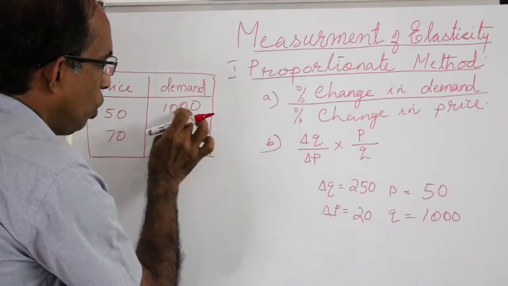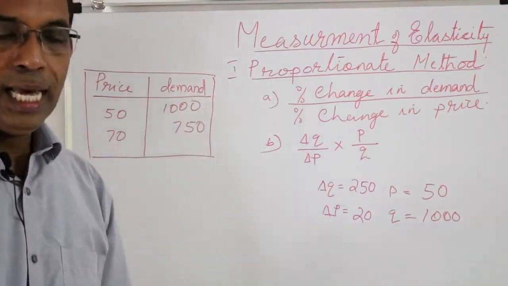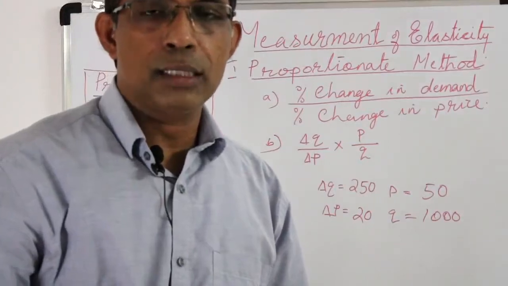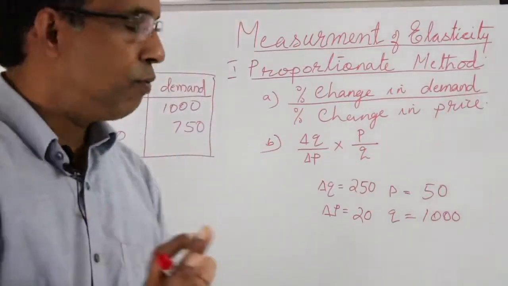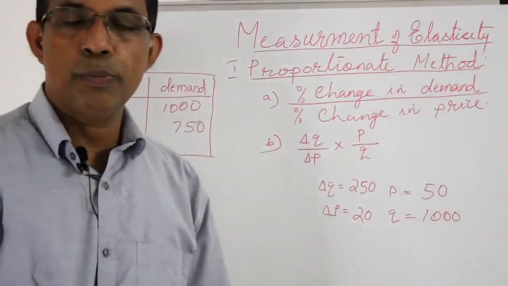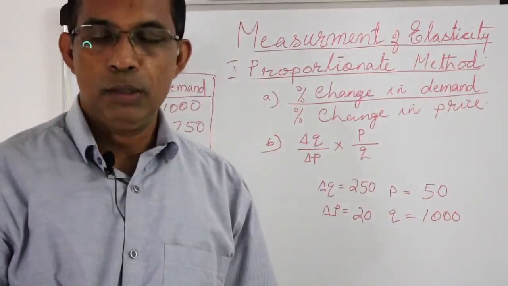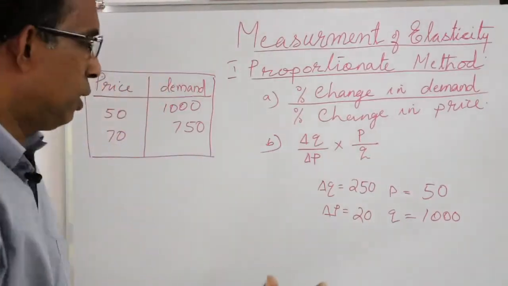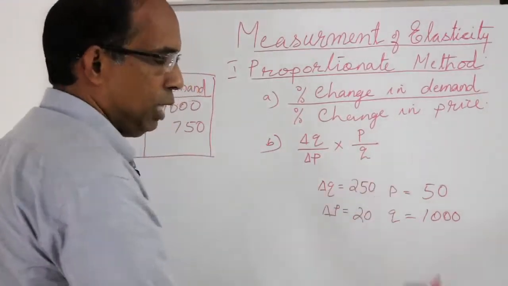That is 250. Demand was 1000, now it is 750. That means demand decreased by 250. So delta Q is 250.